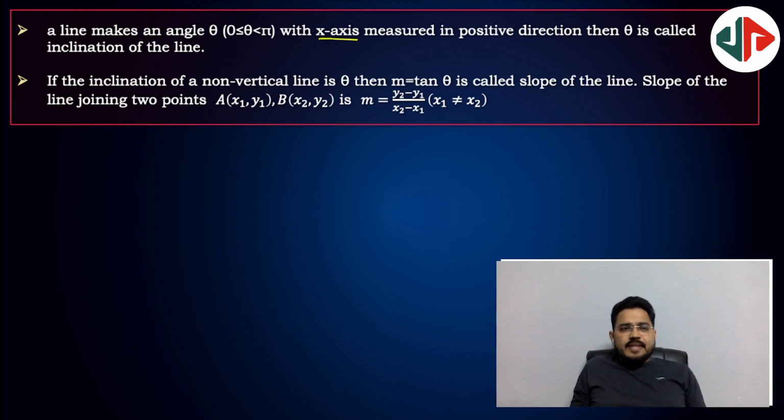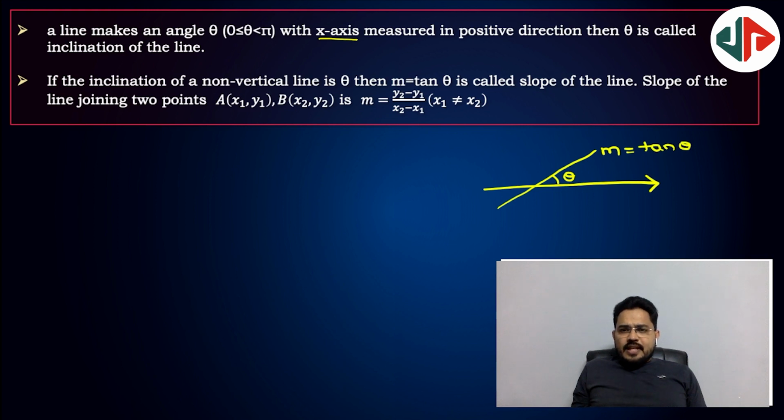If this is the positive x-axis, the positive direction is this. So a line is making an angle of theta, then the slope of this line, generally denoted by m, is equal to tan theta.